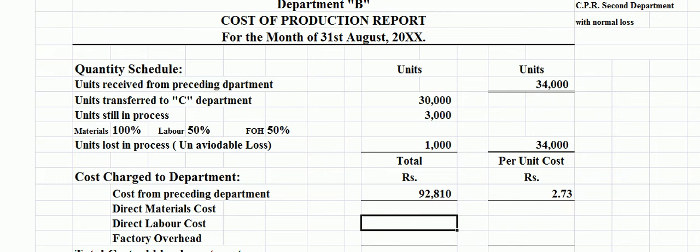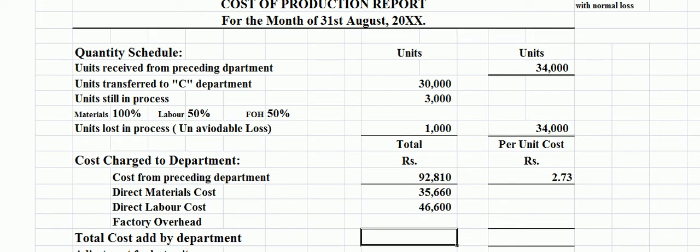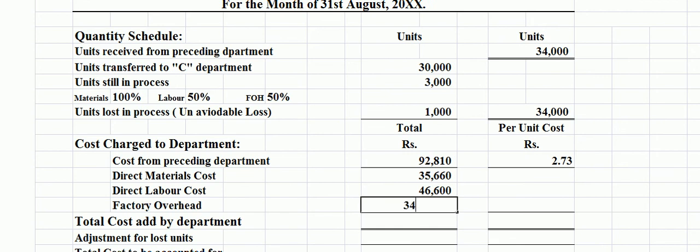Now we put the current department costs, like material, labor and overhead, here: 35,660 rupees as direct material cost, 46,600 rupees as direct labor cost, and the factory overhead is 34,950 rupees.